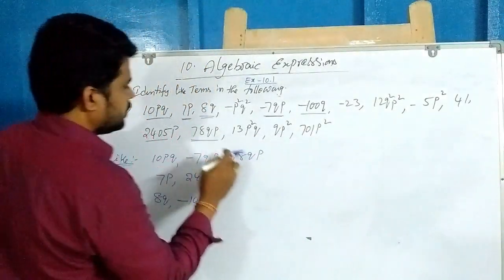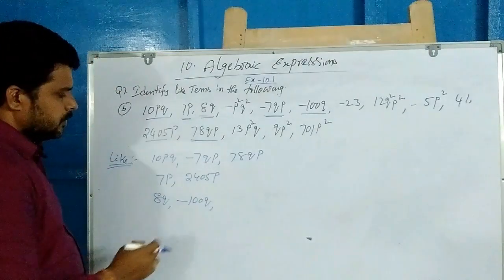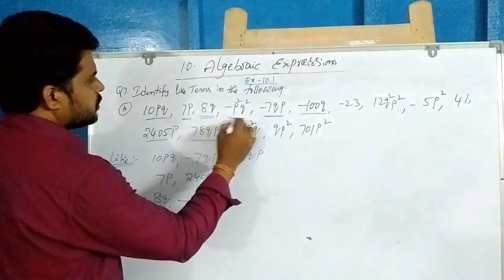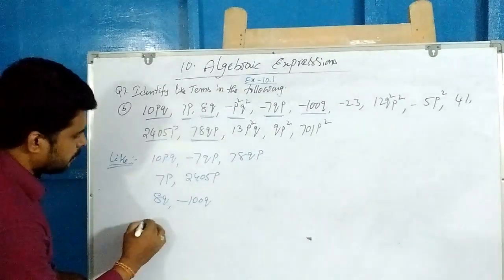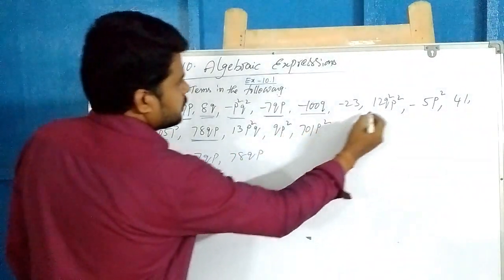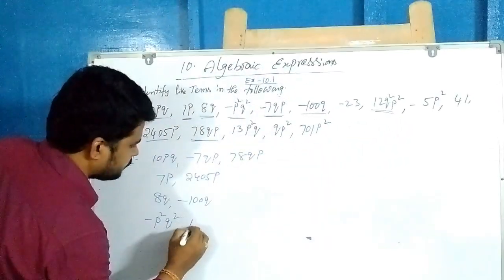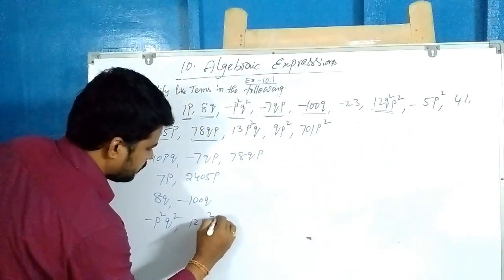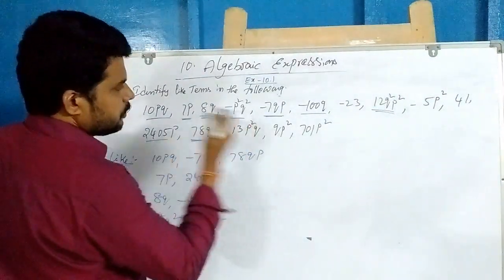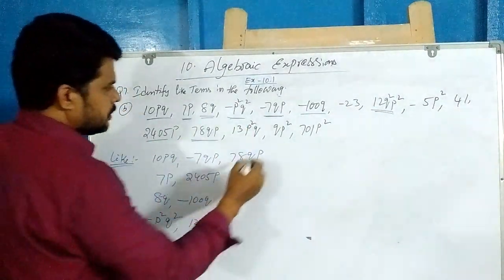Next check, no other Q values. So these two are Q terms. P square Q square, minus P square Q square. So here also 12 P square Q square. Both are same. So P square Q square terms are over.